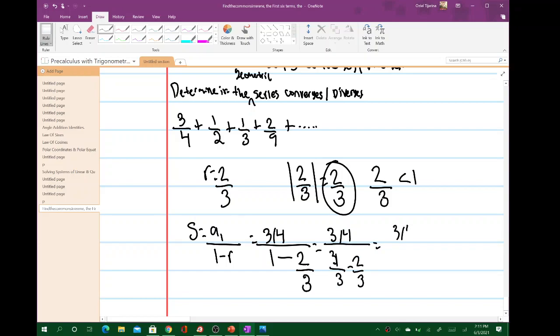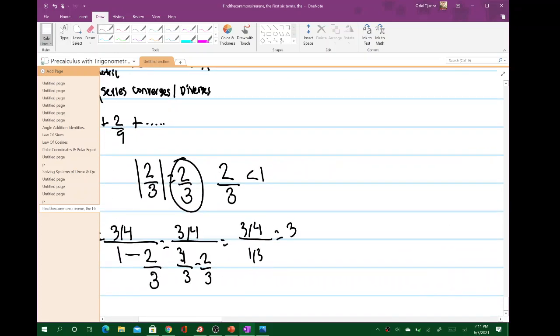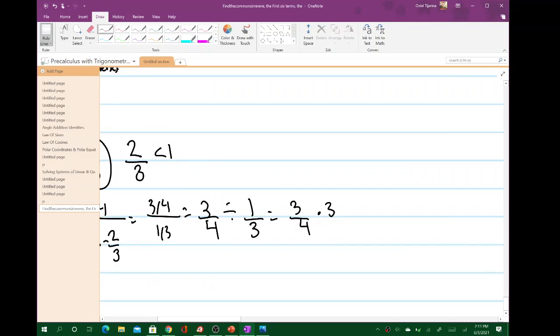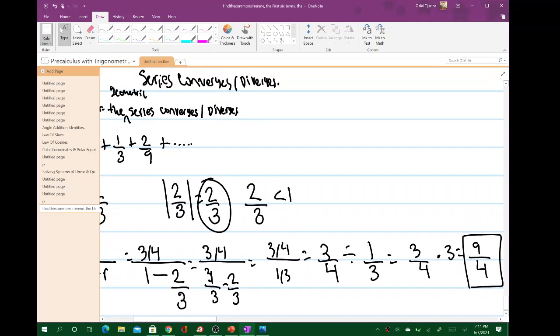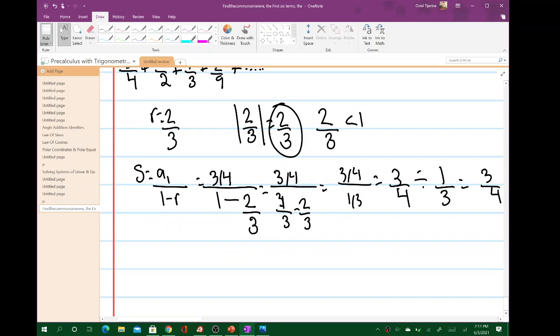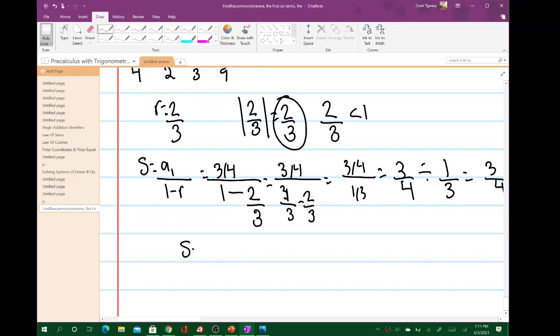This is equal to 3/4 over 1/3. 3/4 divided by 1/3 is equal to 3/4 times 3, which is just 9/4. Okay? So that is what the series converges to. It converges to 9/4. So that is the sum. S equals 9/4.